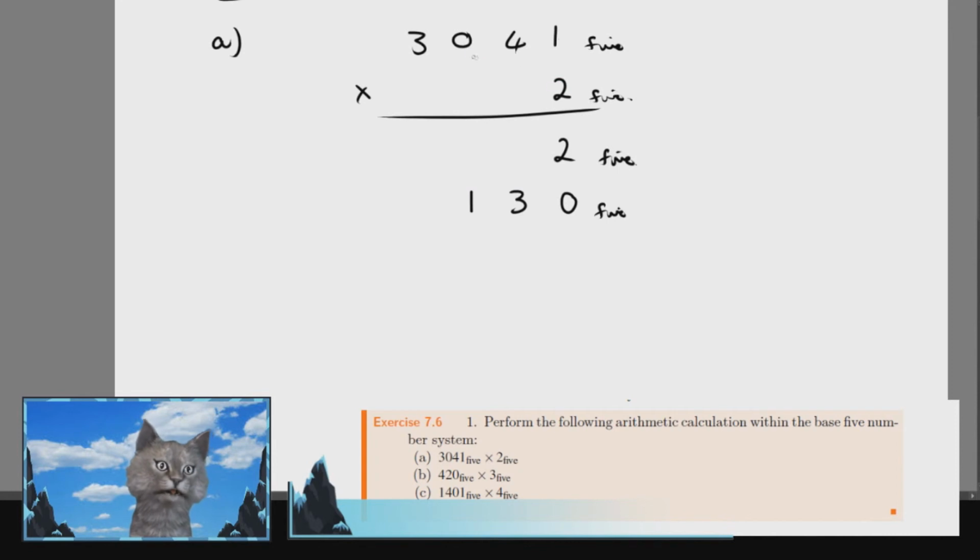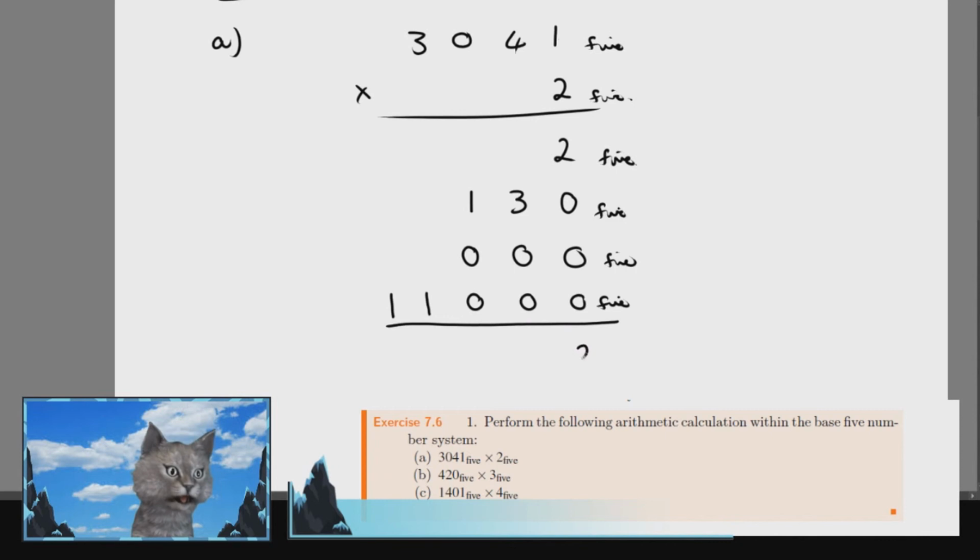Now I'm going to multiply 2 with this number, so that means I need to pad with 2 zeros. 2 times 0, however, is 0. Then I'm going to pad with another 0 to keep everything in line. 2 times 3 is 6. There's no 6. 6 does not have a symbol. It's 1 group of 5 and 1 left over.